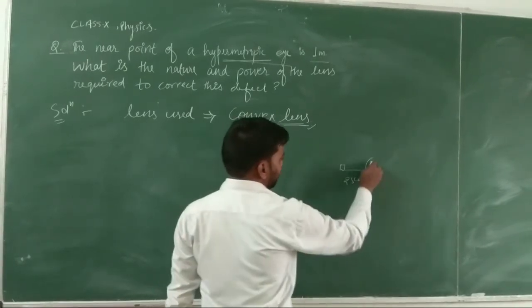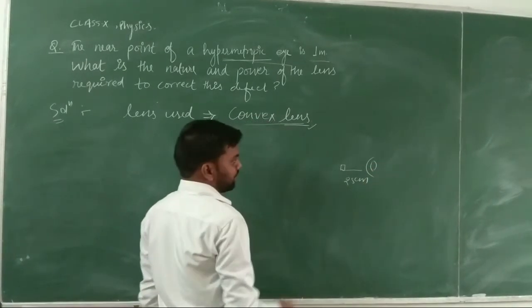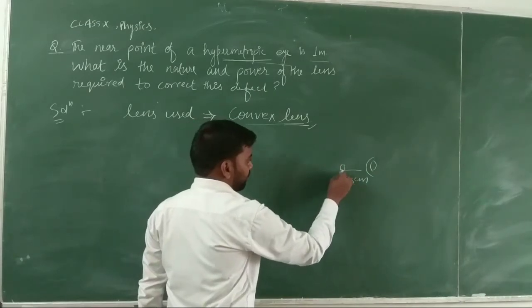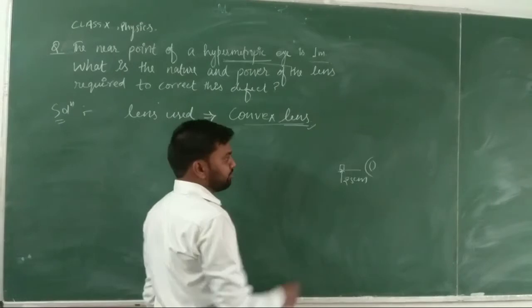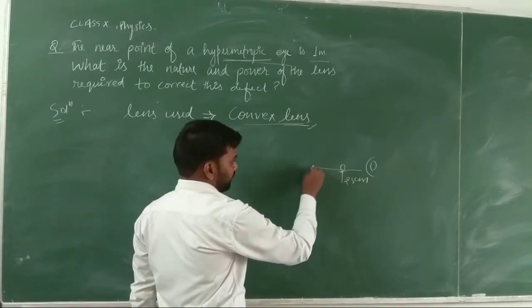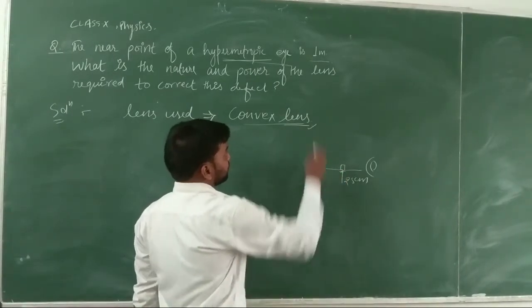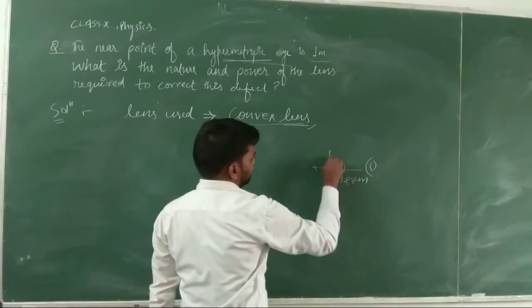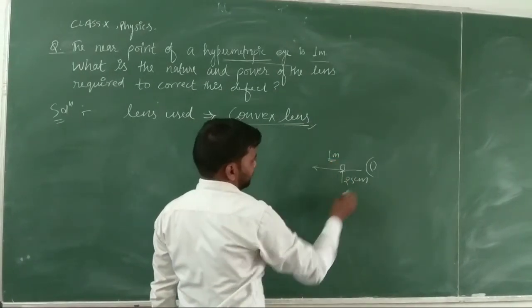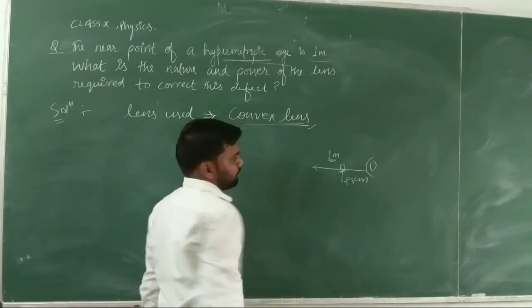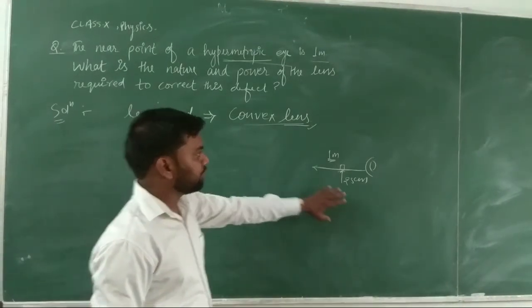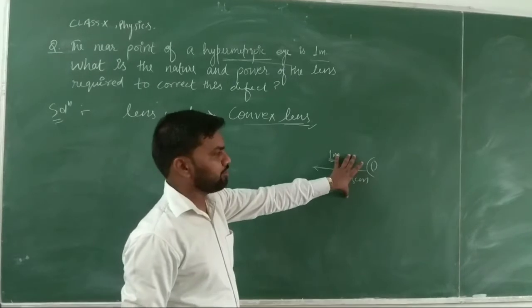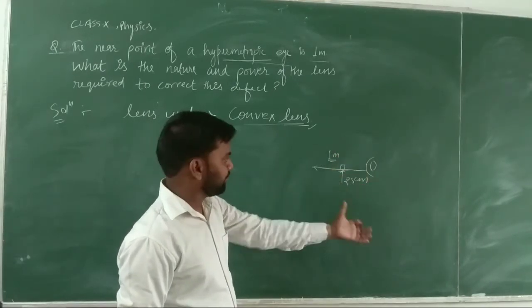But when this defect occurs in your eye, you will not be able to read the object at this distance. You need to move this particular book a little more distance. That distance is 1 meter. So we need to find out the focal length of the lens required to correct this defect.